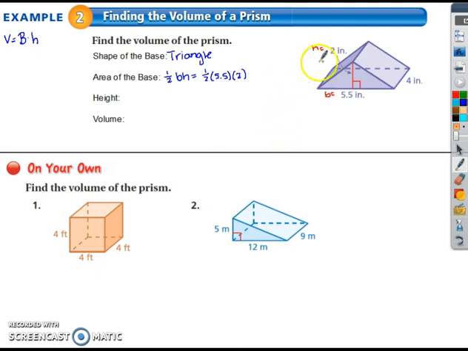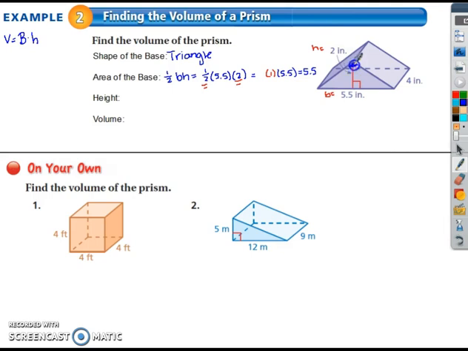You can do this multiplication a number of different ways. I'm going to go ahead and multiply the 1/2 and the 2 together, because 1/2 times 2 is 1, and that makes things a little bit easier, times 5.5. And 1 times 5.5 is just 5.5. So the area of this front triangle, the area of the base, is 5.5.